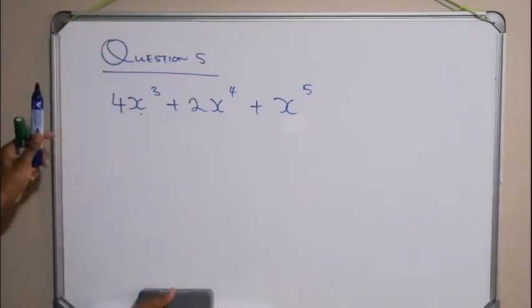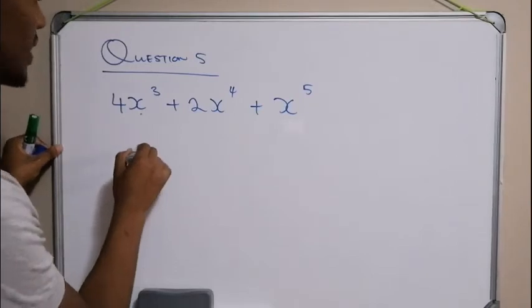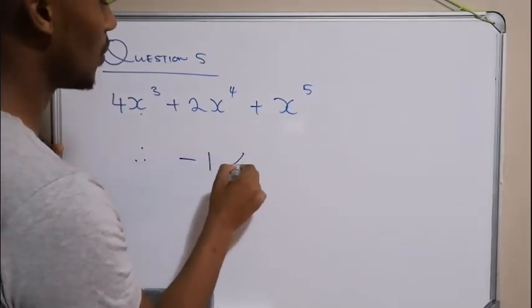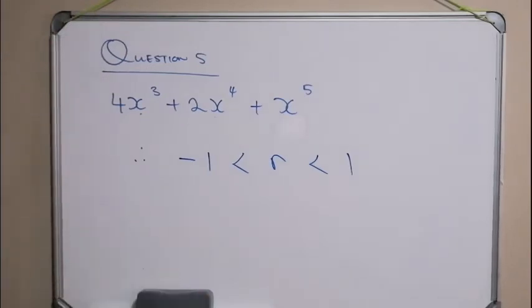The next question asks us to determine x, or solve x, I guess, for which the series will converge. So we should know by now that a series only converges when the ratio is some number greater than -1 but less than 1.